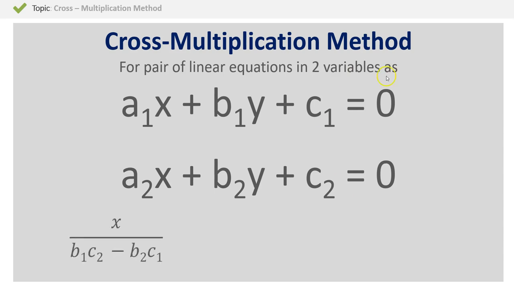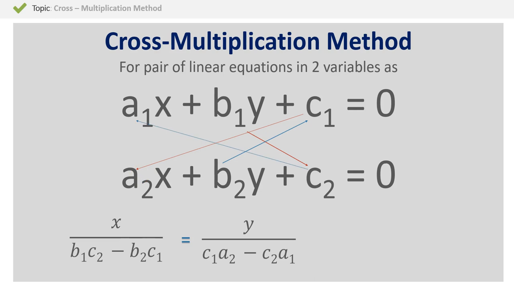Now the cross multiplication method says the values of x, y and c, which is the constant term, are correlated in a specific pattern, and the pattern is I can represent x by b1 multiplied by c2 minus b2 multiplied by c1, which will be equal to y divided by c1 multiplied by a2 minus c2 multiplied by a1.